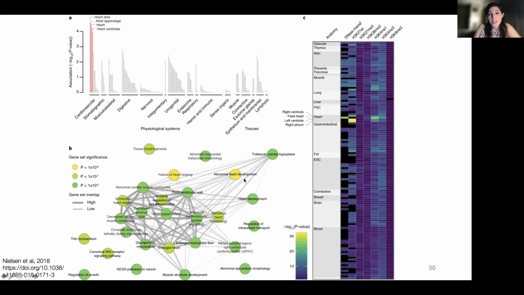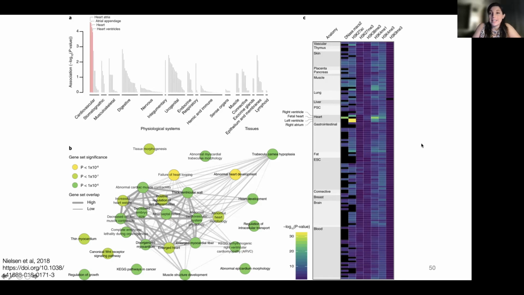And this is also for atrial fibrillation. So this really builds on this hypothesis that there could be some kind of heart development going on. And then here, looking at different histone types, and in the heart, in fetal heart, left and right ventricle and right atrium, there's some enrichment here for different enhancer states going on.